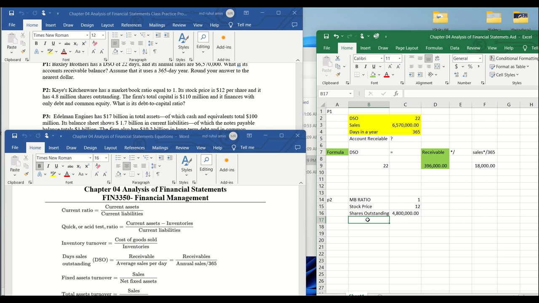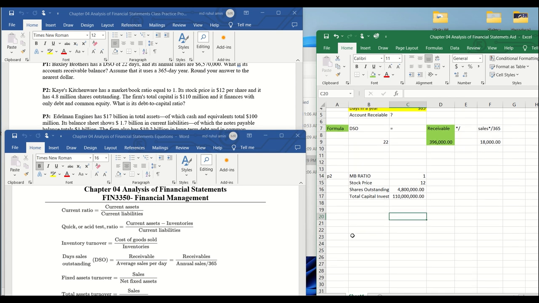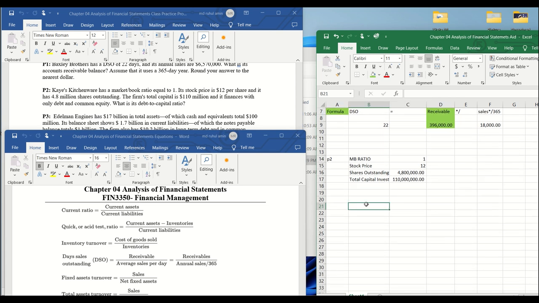Then total capital, this means actually the total asset, 110 million. So let's get our balance sheet: asset, liability.